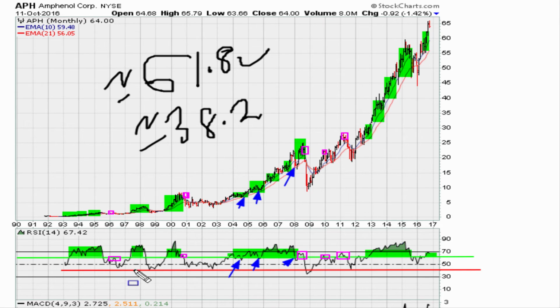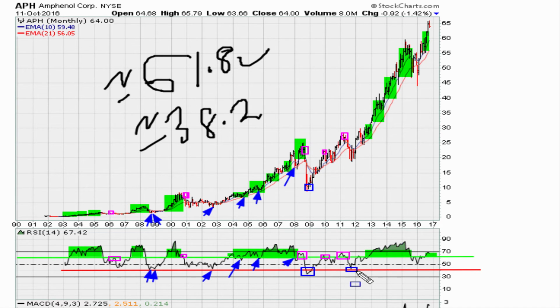Now again, switch gears here and take a look at another aspect of this, which is 38.2. You can see here double bottom support during the lows of 98, and the stock would go on to record higher highs since then. Support at 38.2 here for the re-entry in late 02, and even this is uniform activity below the red line and back above it for the re-entry here in early 09.